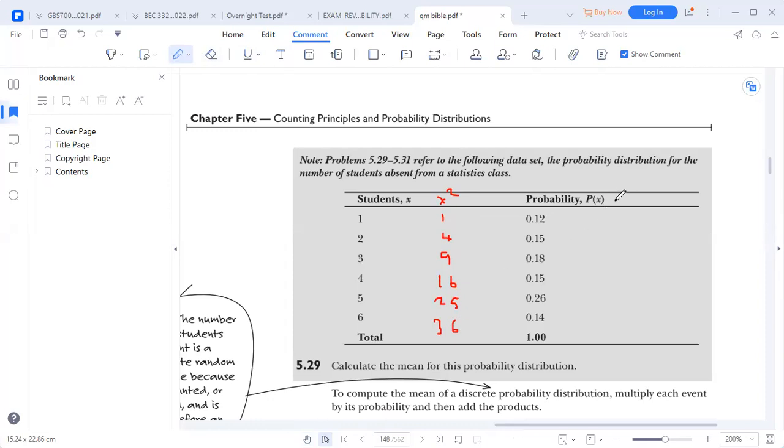And we can find xp(x), x squared p(x). So let's find xp(x). 1 times 0.12, 0.12. 2 times 0.15, get 0.3.